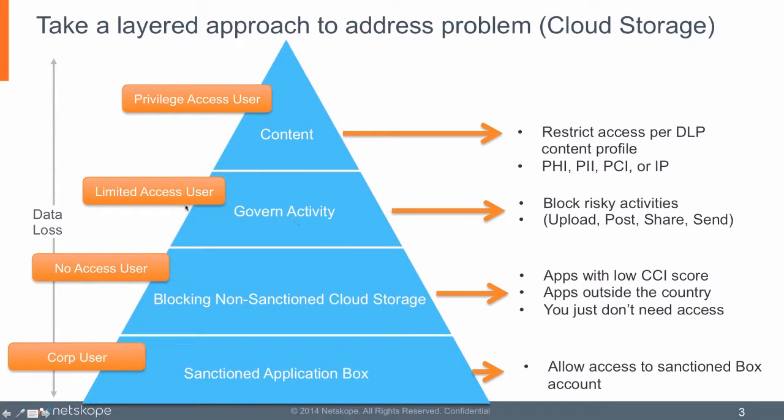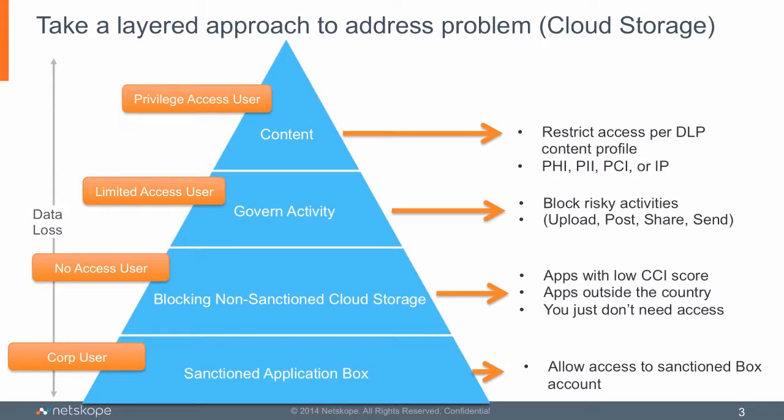For instance, users that get the limited access profile can receive my Google Drive link, they can view it, they can download the content, but they're not able to upload or share once they're inside of any Google application or other types of cloud storage applications. So this is really powerful and a nice way to secure some of those applications that you may be just straight up blocking today.